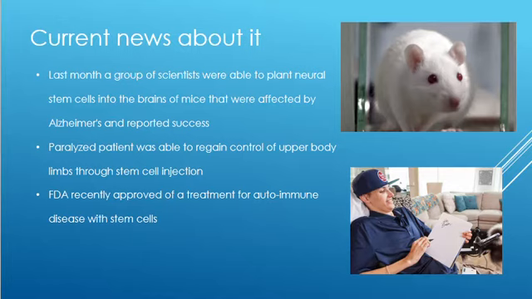And it reported success, obviously, and they're hoping to replicate this in humans. There was a paralyzed patient who was able to gain control of his paralyzed body after a freak accident, but as a result of a transplant, he can now move his arms and his legs.